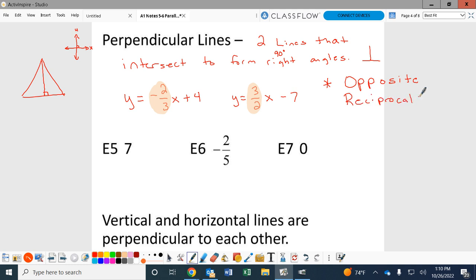Guys, that's a fancy name for saying that it flips. That's what you do with a fraction when you turn it over. It's called a reciprocal. So it's opposite reciprocal slopes. You have to make it negative if it was positive, and positive if it was negative. You have to flip it over. If it was 2/3, now it's got to be 3/2. Opposite reciprocal slopes.